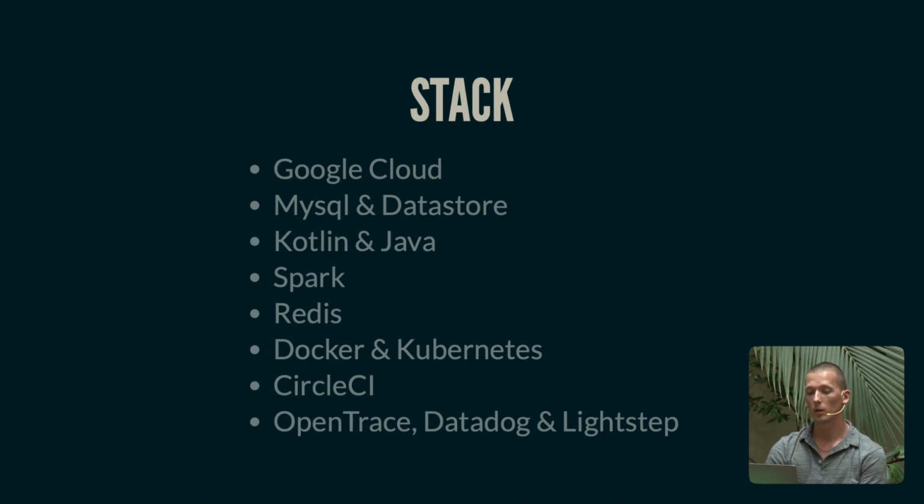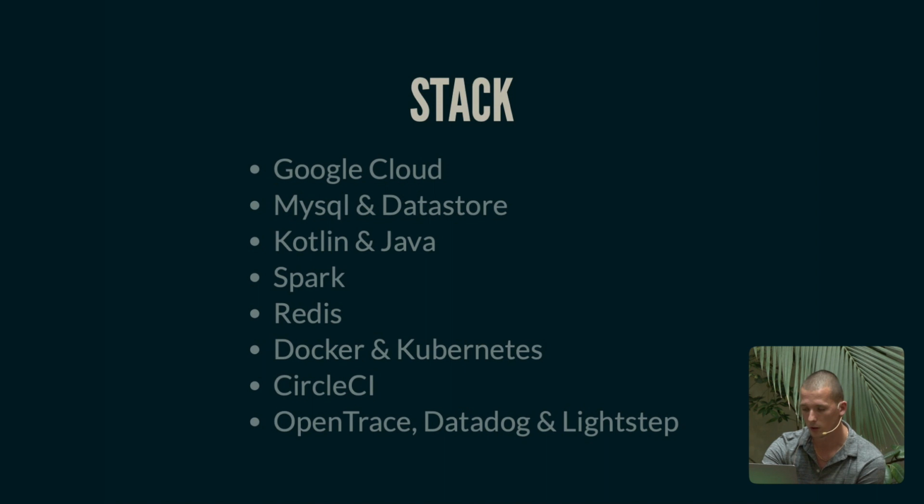We do some tasks asynchronously using Spark. We do have a Redis cache for client-side information caching, and we do our deployment by using Docker and Kubernetes. And we use Circle CI as the CI tool. I'm not sure if anyone uses that. It's very similar to Jenkins or whatever, just another tool of that. And for metrics and tracing, we use OpenTrace, and we just push data to Datadog and Lightstep. They are pretty cool products as well.